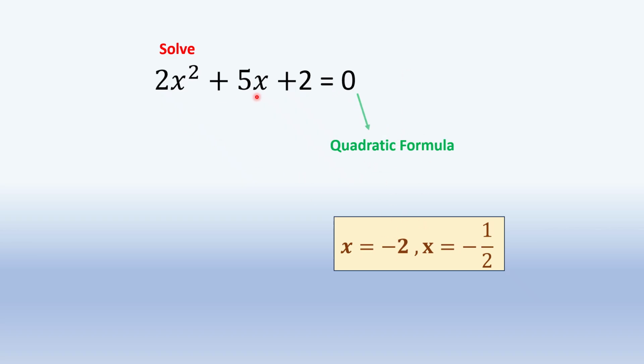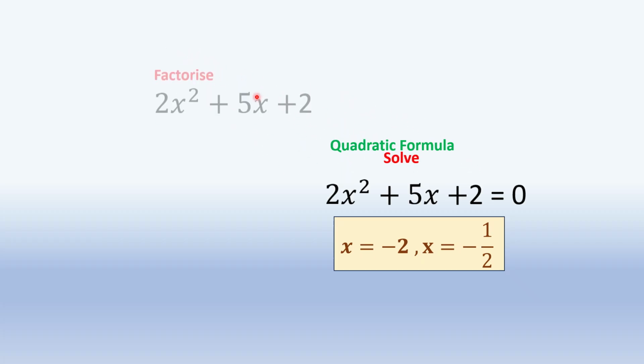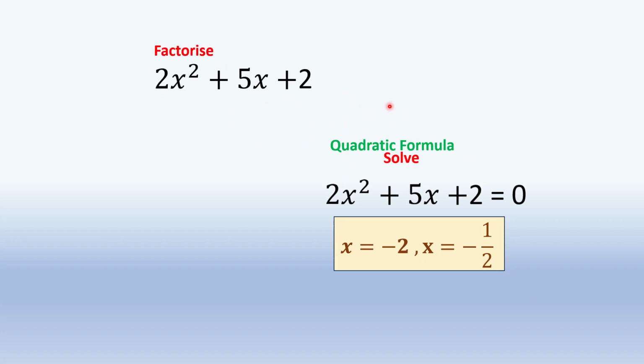Now, if the question though says factorize, the first thing you look at is the constant and the coefficient of x squared. So do multiply these. That's very important. So 2 times 2 is 4. Now we need two numbers that multiply to make 4 and add to make 5.